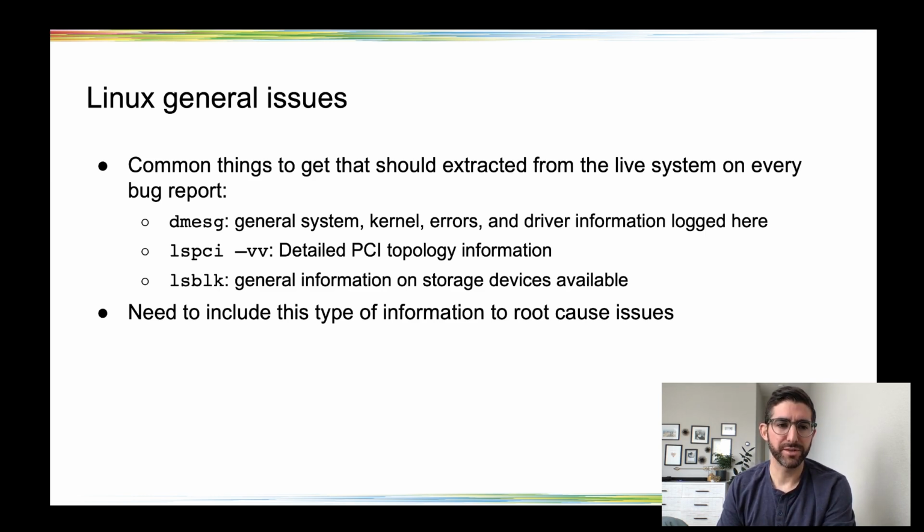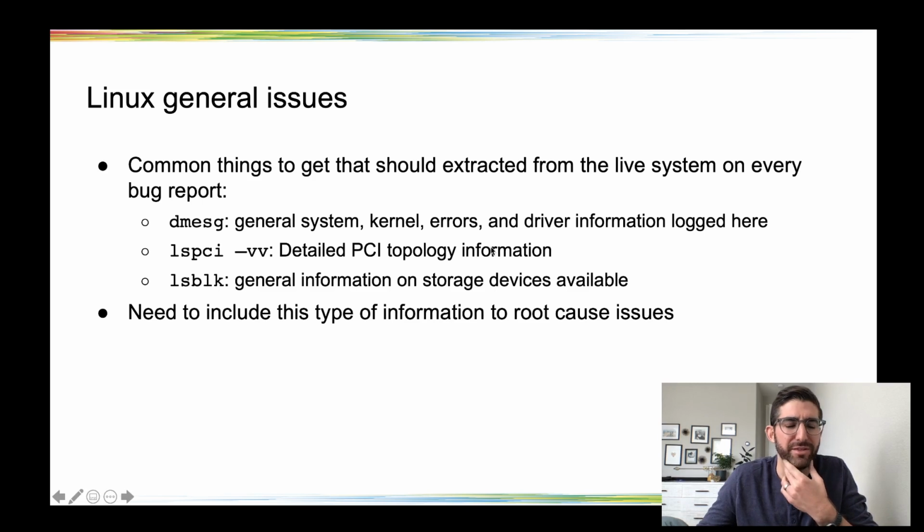The other thing you want to do is lspci, which will give you a detailed PCIe topology. Sometimes you just need to know what's going on if a device is not performing as well as it should. Maybe it's not linking up at PCIe Gen 3 or Gen 4 or whatever the drive supports. Maybe it's not linking up at 4 lanes or 8 lanes or whatever the drive supports.